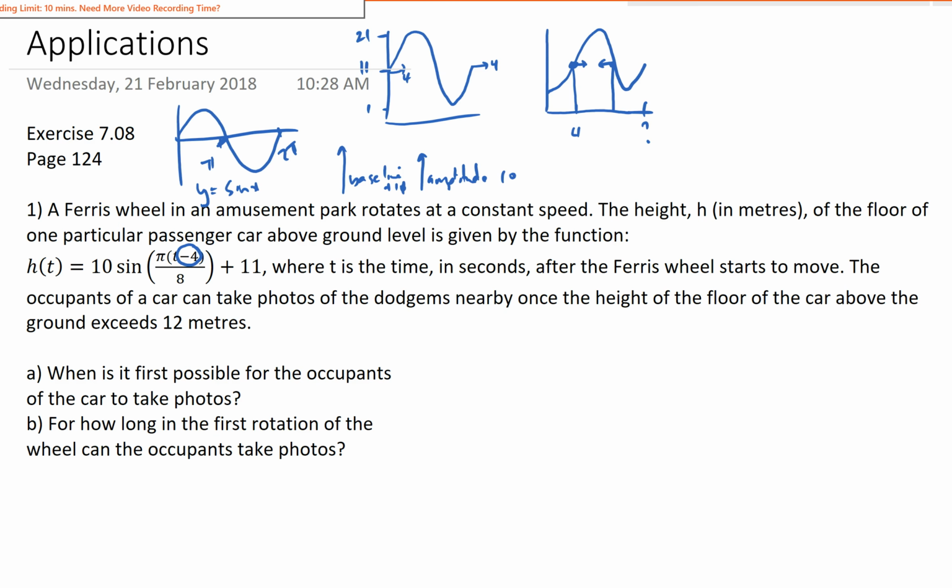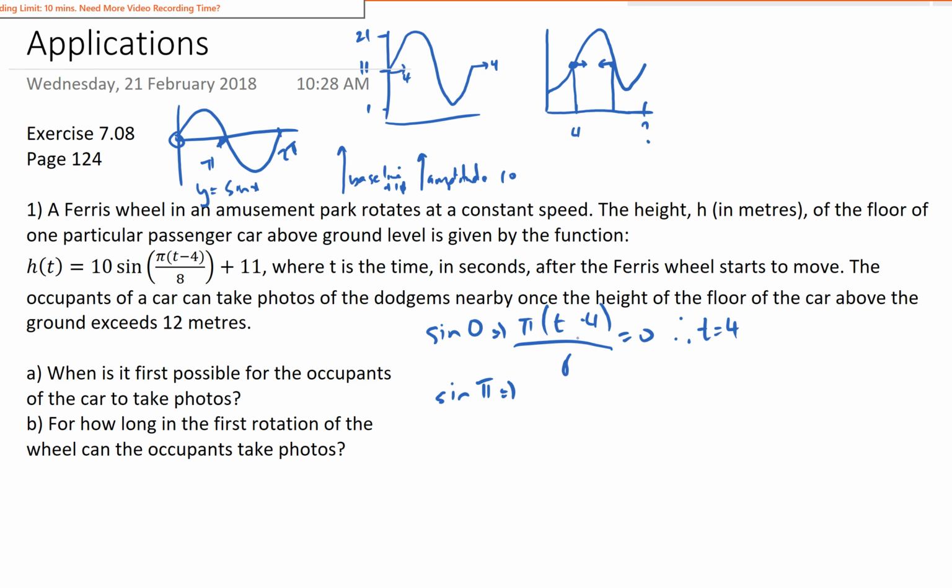And so hopefully you remember that sine is 0 when t is 4, because 4 minus 4, in other words sine 0, that's what we're trying to find. So we're trying to say pi(t minus 4)/8 is 0, and hopefully you guys can see that t would be 4. Sine is also 0 when it's pi. Sine of pi is also 0.